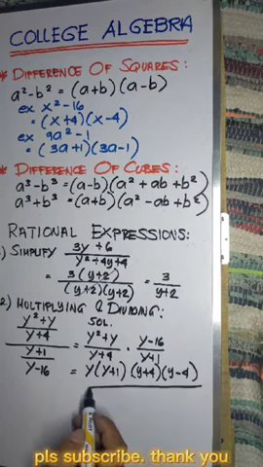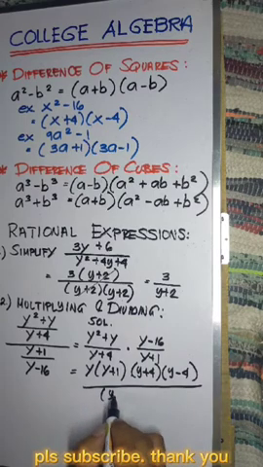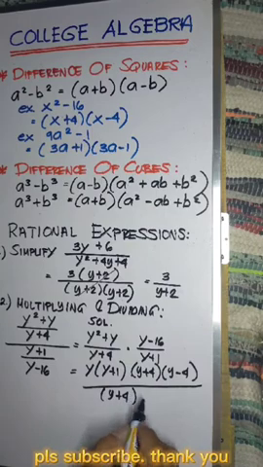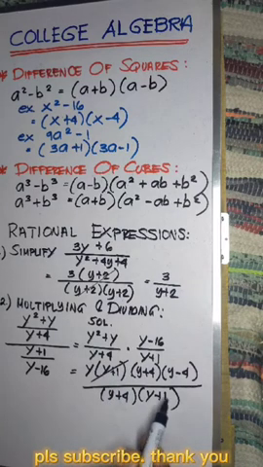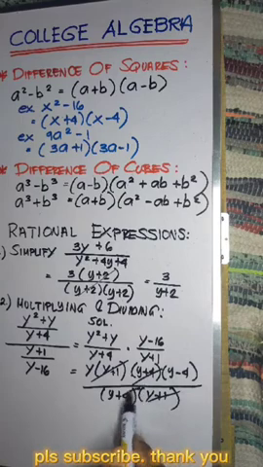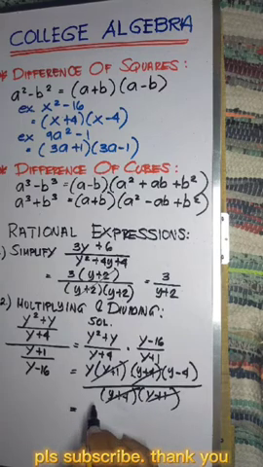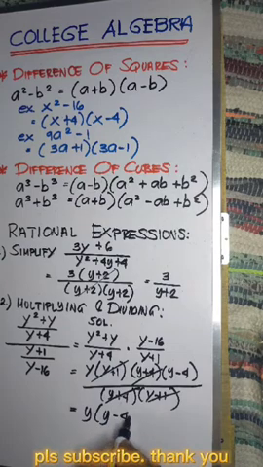So divided by y plus 4 and y plus 1. Okay, so this one will cancel out. Check, check, check, check. So the final answer is y times y minus 4. So this is the final answer.